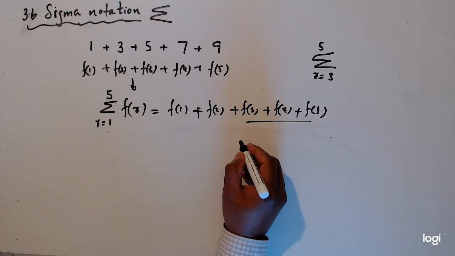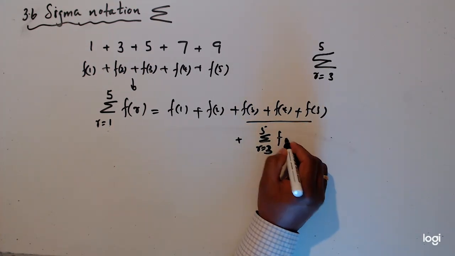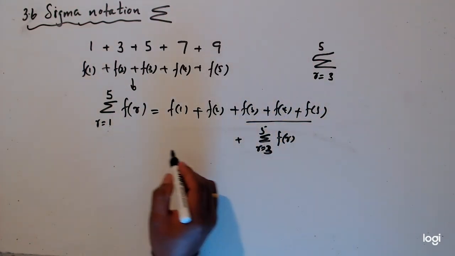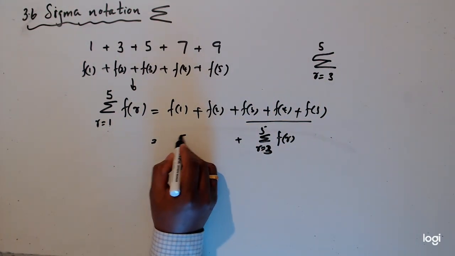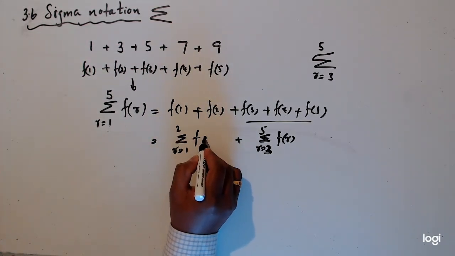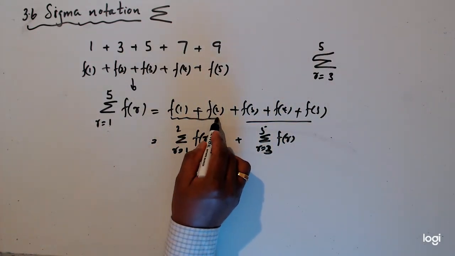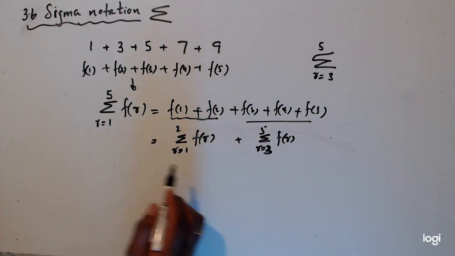That is summation r equal 3 to 5 f r. This one summation r equal 1 to 2 f r, this 2 I write r equal 1 to 2.